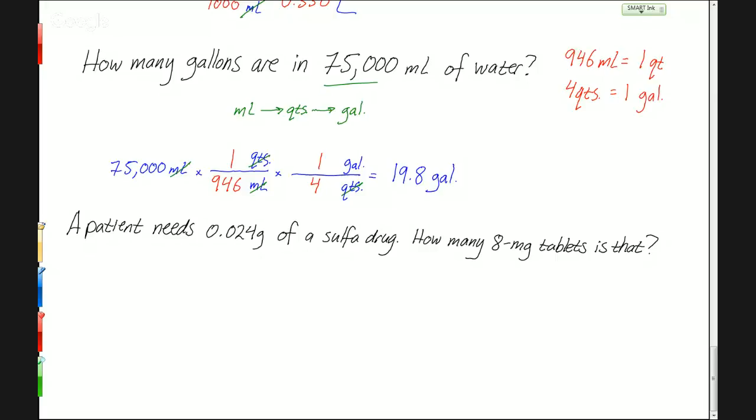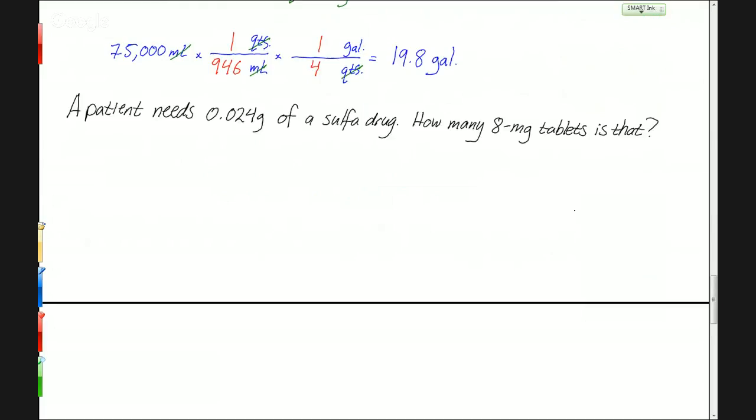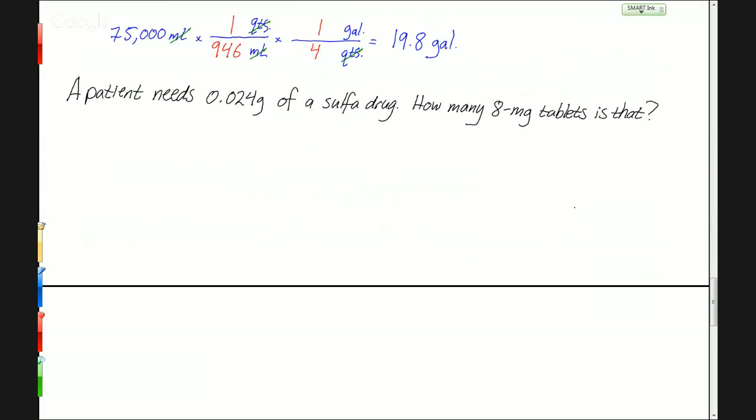All right, get some stuff set up. So I'm going to set this up like I had the others before I tell you the answer. The only thing that's different about this one is you have to come up with one of your own conversion factors that's not really a standard one, based on what's given in the problem. So we know we're starting with grams, and we ultimately want to know how many tablets there are.